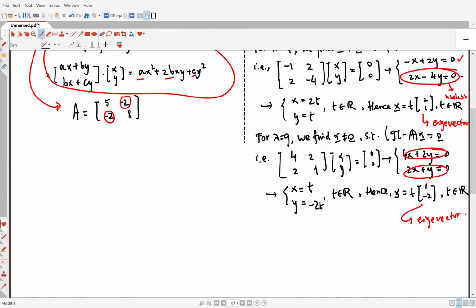By normalizing, I will have the set: the length of each is square root 5, so 1 over square root 5 times (2, 1), and 1 over square root 5 times (1, minus 2), is an orthonormal set.